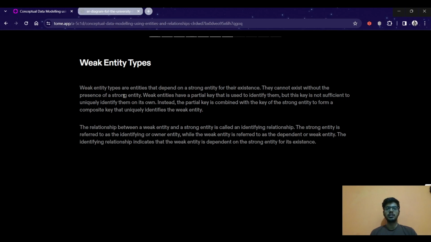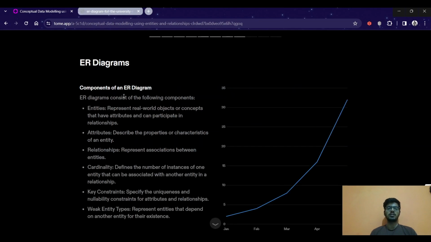Instead, the partial key is combined with the key of a strong entity to form a composite key that uniquely identifies the weak entity. The relationship between a weak entity and a strong entity is called an identifying relationship. The strong entity is referred to as the identifying or owner entity, while the weak entity is referred to as the dependent or weak entity. The identifying relationship indicates that the weak entity is dependent on the strong entity for its existence.